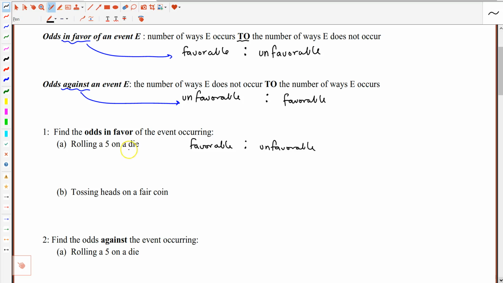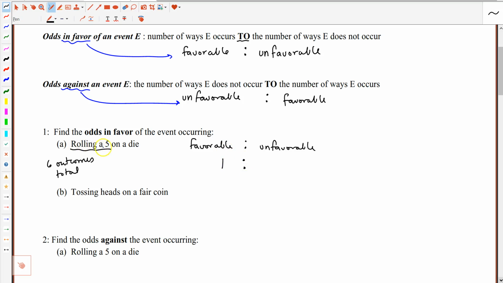When you're rolling a die, remember that there are 6 outcomes total. Now, out of those 6 outcomes, how many of them satisfy this event of rolling a 5? Well, only one of the outcomes, specifically getting a 5. So that'll be the number of ways that your event can happen.